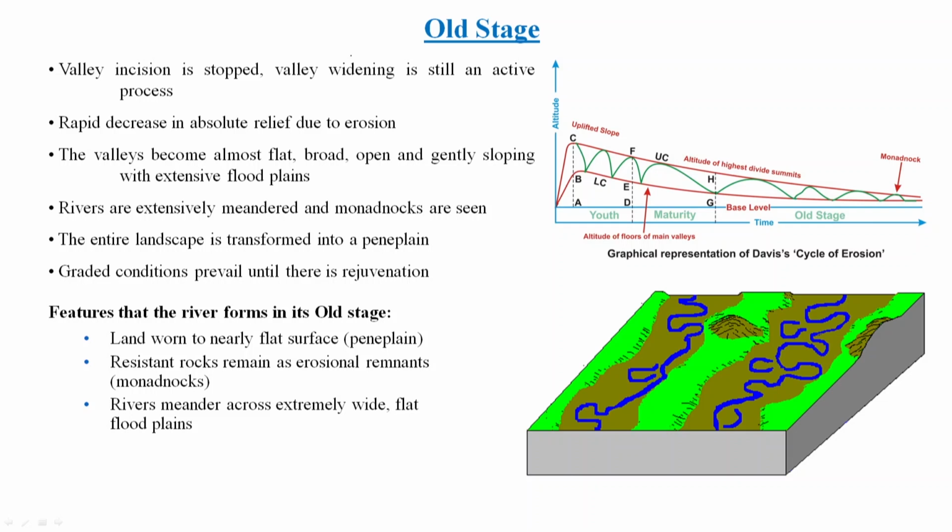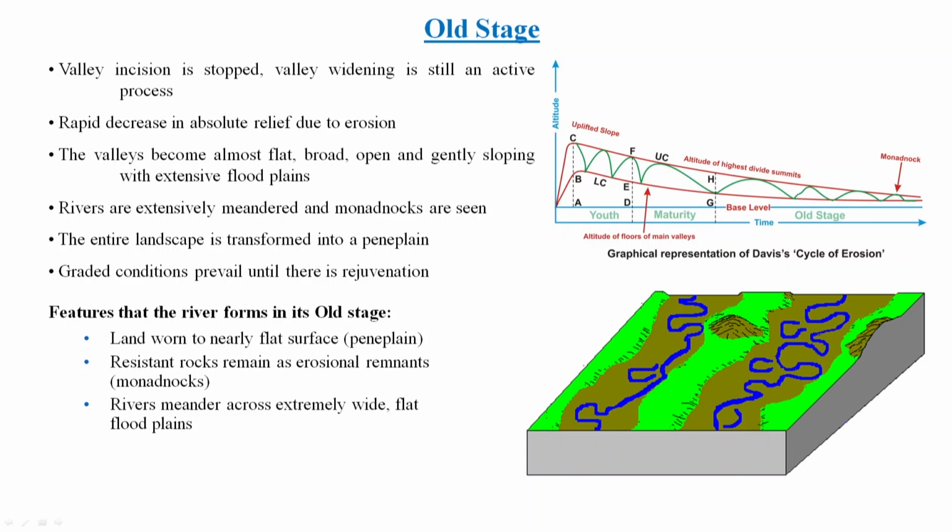So features that are formed in old stage, like land worn to nearly flat surfaces, which are also referred to as peneplains. Resistant rock remains as erosional remnants, and river meanders across extremely wide flat floodplains. We will talk about different landforms in the third part of our discussion on streams and rivers in our next lecture.